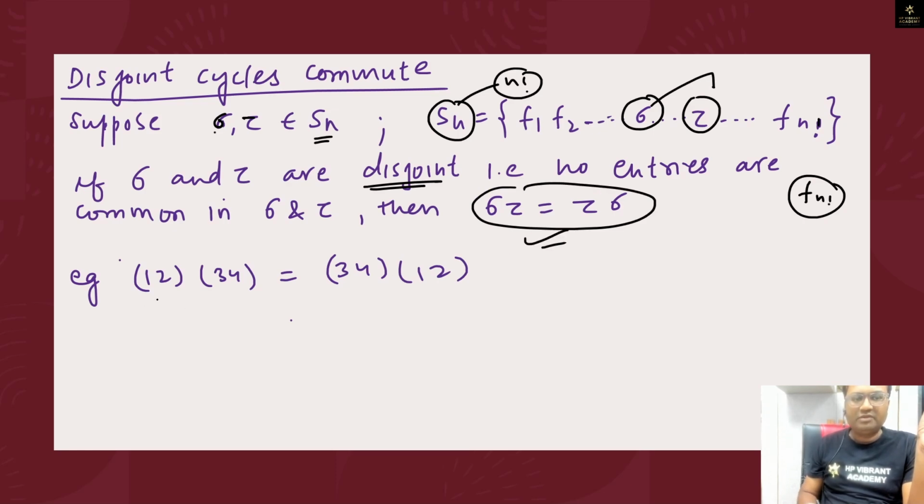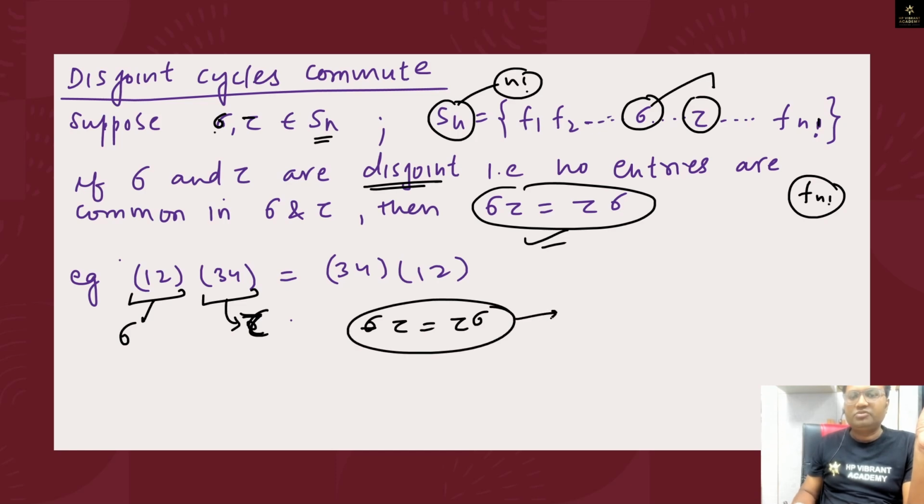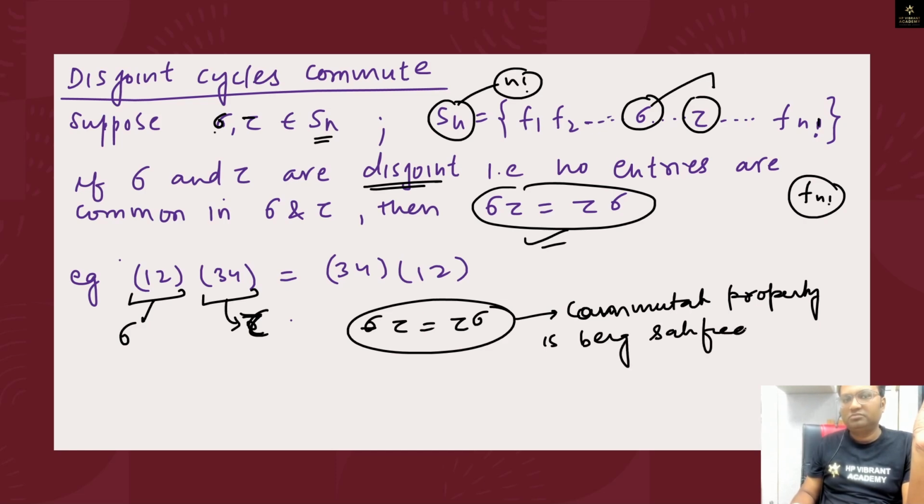Suppose we take this as sigma and this as tau. If we multiply these, then we have sigma tau equal to tau sigma. This means the commutative property is satisfied.